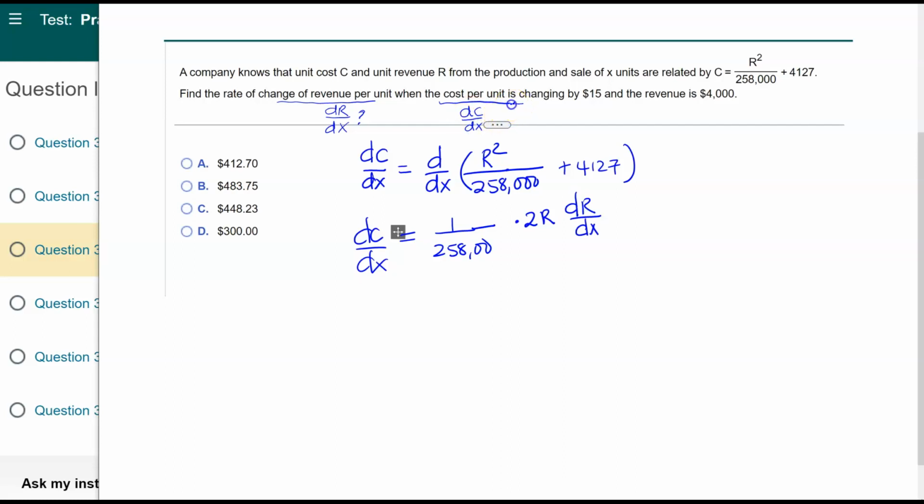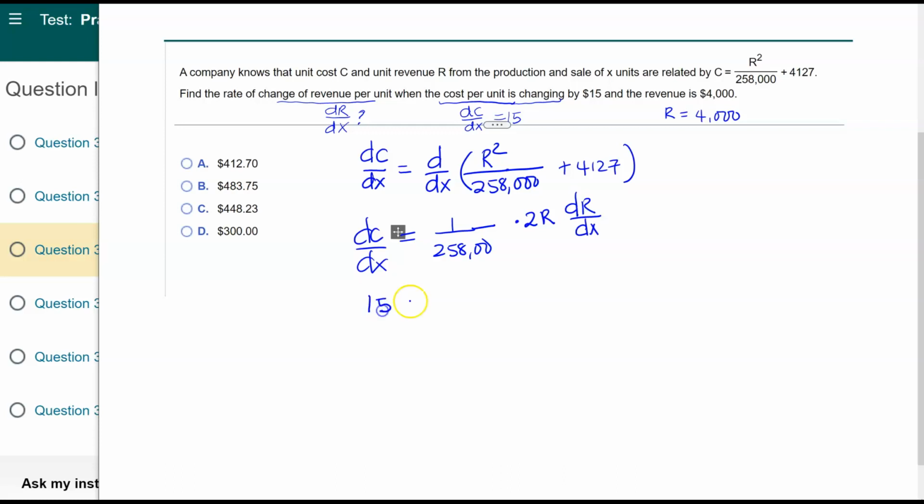Cost per unit is changing dC/dx by 15. So that means the derivative of C with respect to x is $15 per unit. And the revenue, so R is equal to 4,000. Okay, so we would have to plug in that information to our equation.